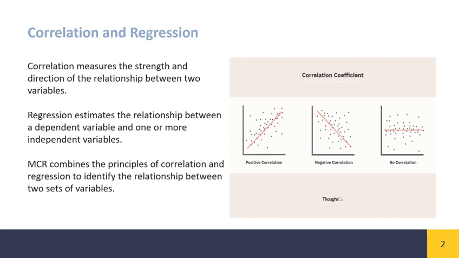Regression estimates the relationship between a dependent variable and one or more independent variables. Maximal correlation regression combines the principles of correlation and regression to identify the relationship between two sets of variables.